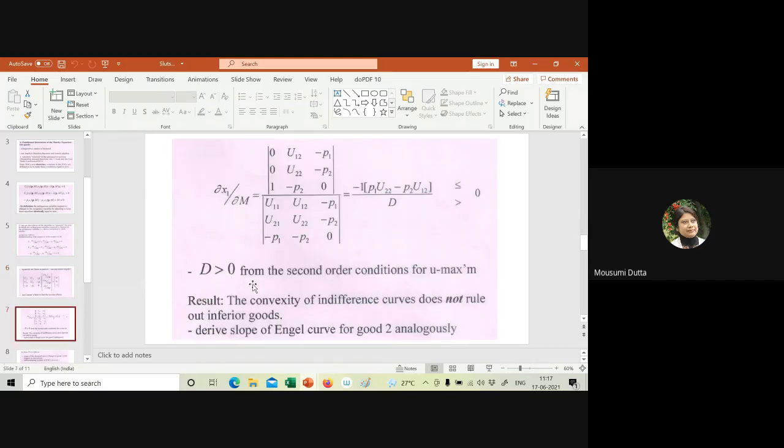If I want to find del x1 by del m, in the denominator I'll have this, and please ensure this is positive by the second order condition of utility maximization. This determinant is positive by the second order condition. Now find the numerator.